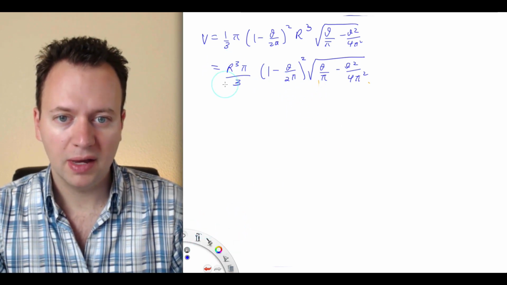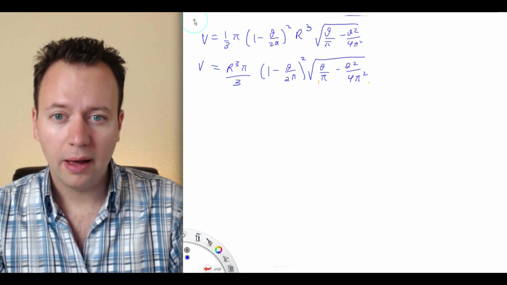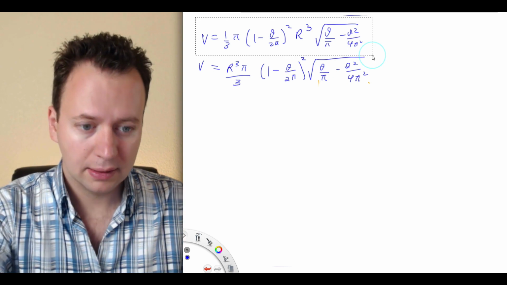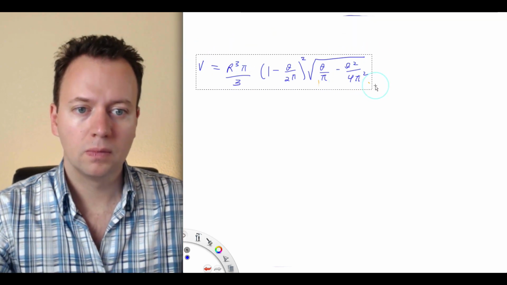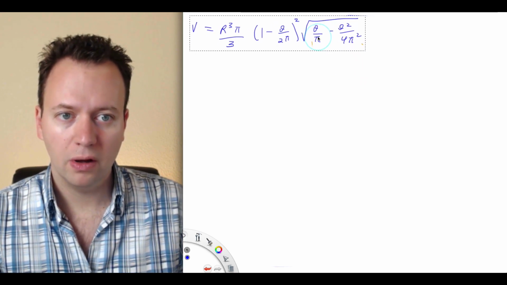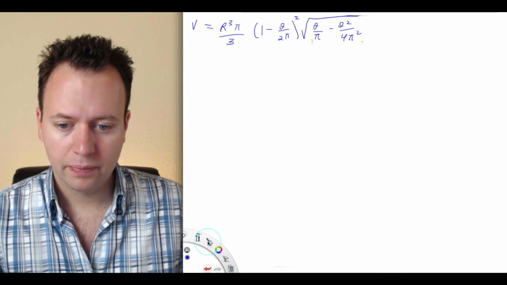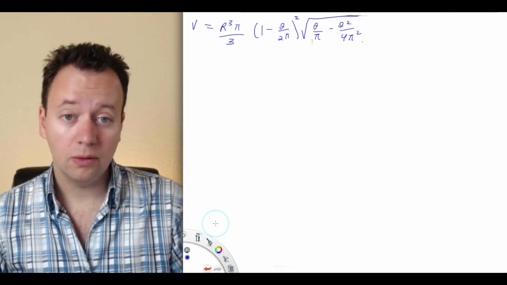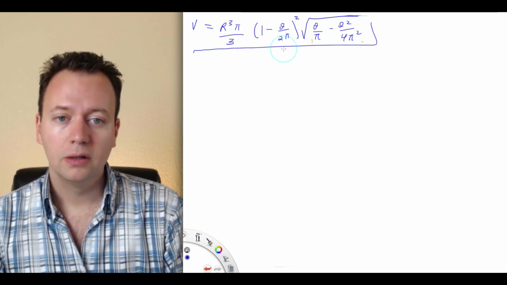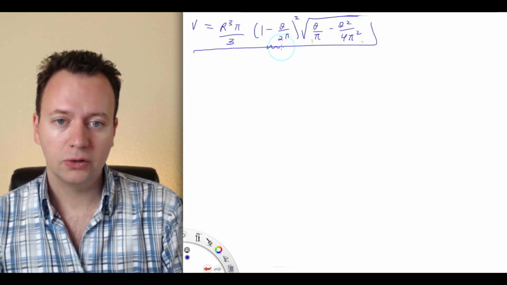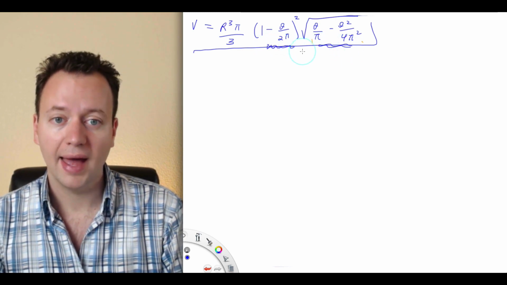Okay, so this is basically the function that we're trying to optimize. So we'll move that all the way up here. Perfect. When we take the derivative of this, we're going to need to use the product rule. So that's going to be this term times the derivative of this plus this times the derivative of that.